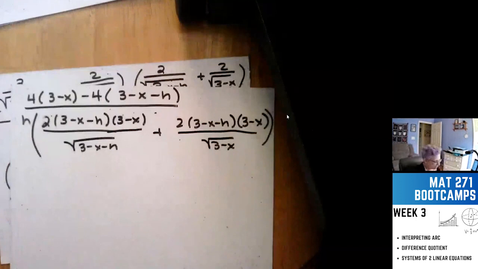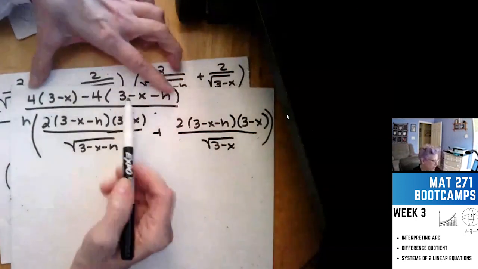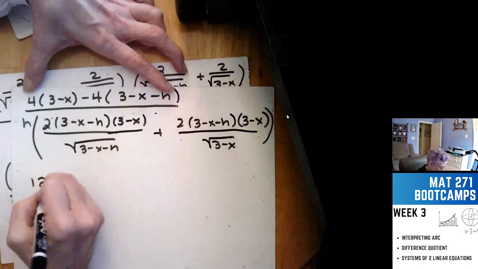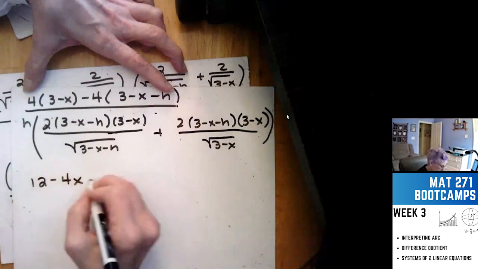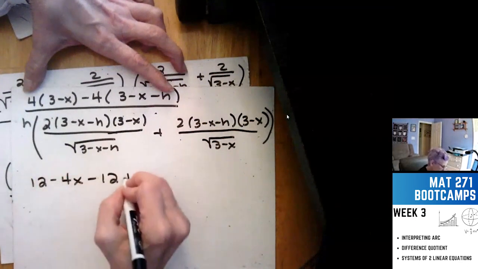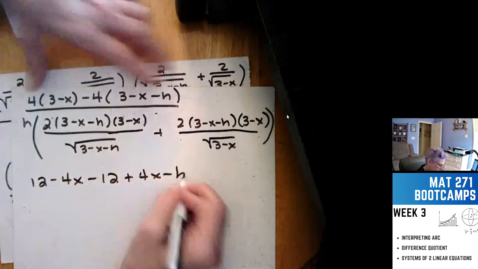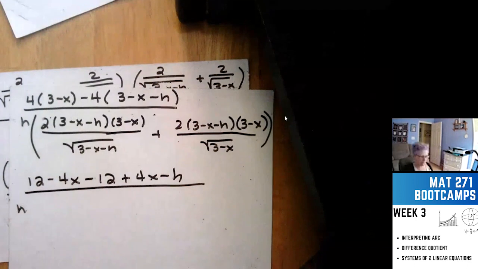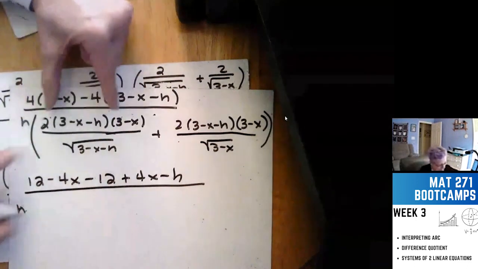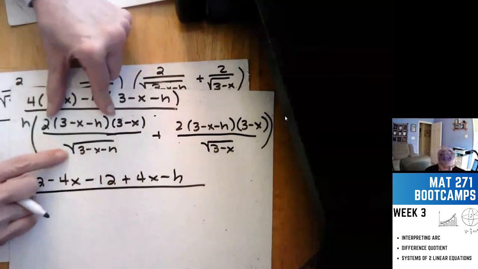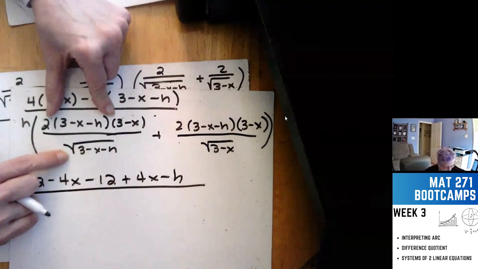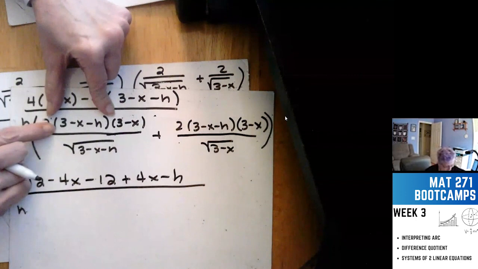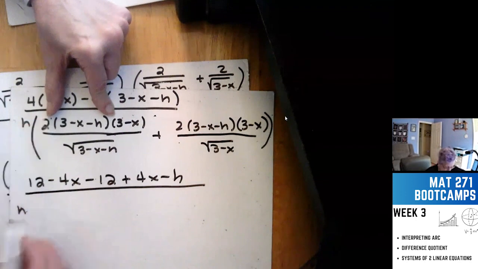Okay, so now in the numerator, I have the exact same numerator I ended up with a moment ago. 12 minus 4x minus 12 plus 4x minus h. Down below, I still have h. Here I have a square root of 3 minus x minus h on the bottom and a 3 minus x minus h on top.